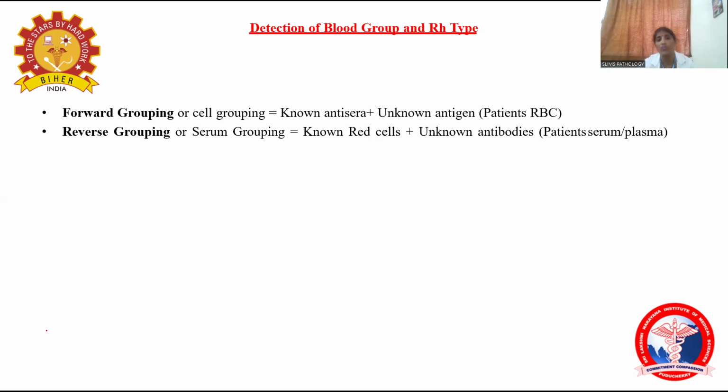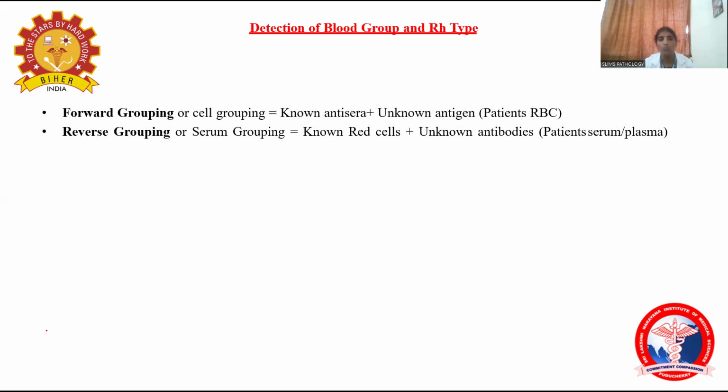Whereas the other way around, when there are known red cells, known A cells and B cells, which are present in the blood banks, to which an unknown antibody, for example a patient's plasma or serum, is added, it is called serum or reverse grouping.